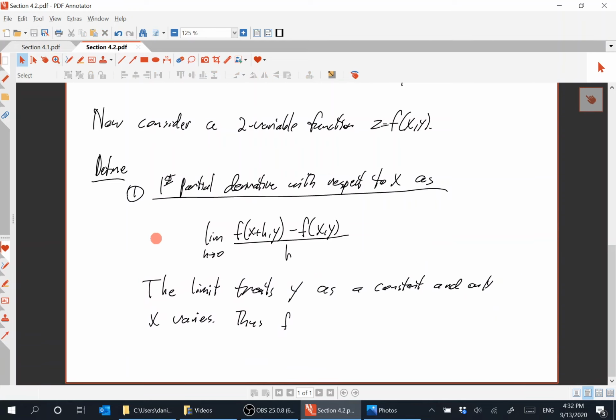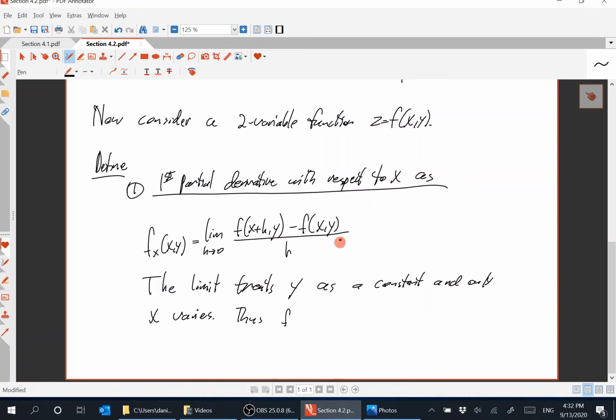So the first notation that one uses is f subscript x of x, y, the partial derivative with respect to x. Okay?